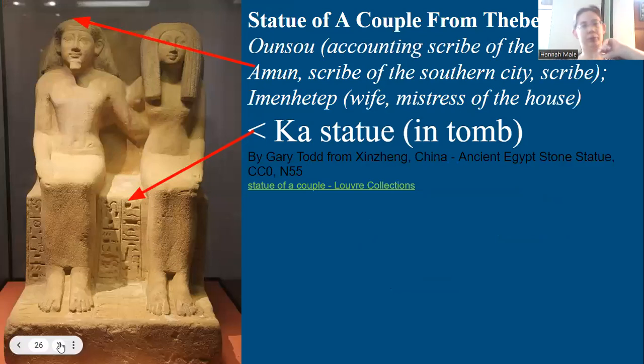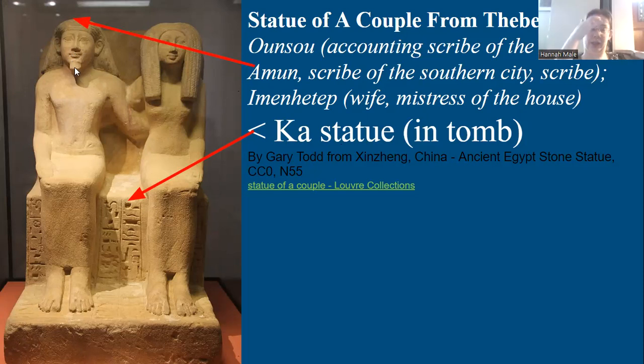I think I'm going to do this last object, and then I'm going to stop and maybe do another video as well. So this is another one of these pair statues that, at least Egyptologists are pretty sure, was originally a ka statue. So this was originally in the tomb of probably the husband, because it was probably originally the husband's tomb in Thebes. So you see him here.